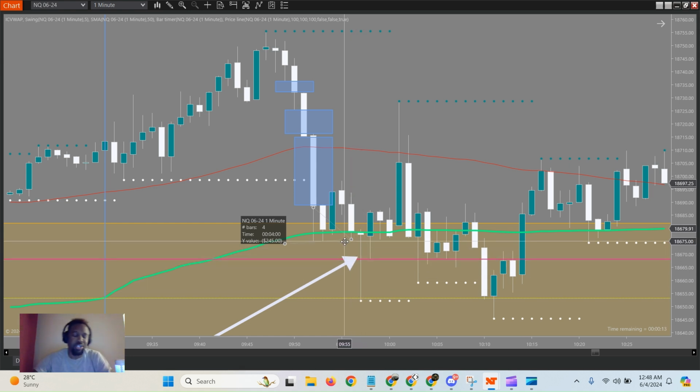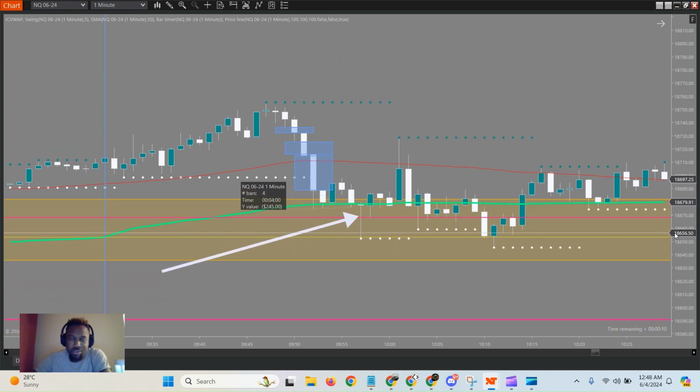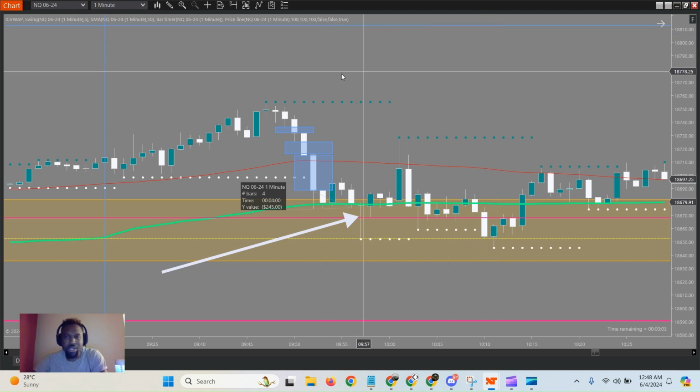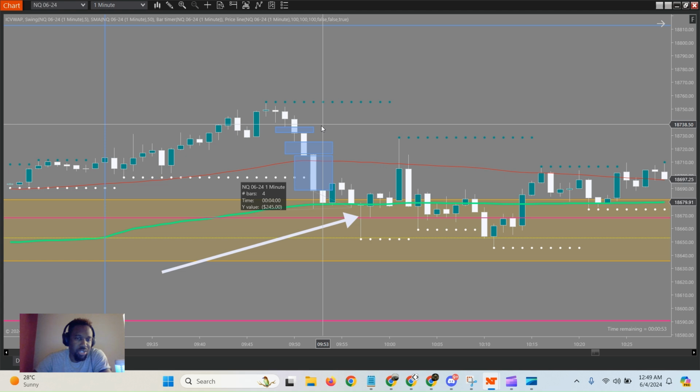The same thing goes for longs as well. If there was a daily level up here, for example, or maybe a little bit higher, then we would have waited for market structure to occur for the buy side if this daily level was closer. We're only targeting the daily level that's closest.